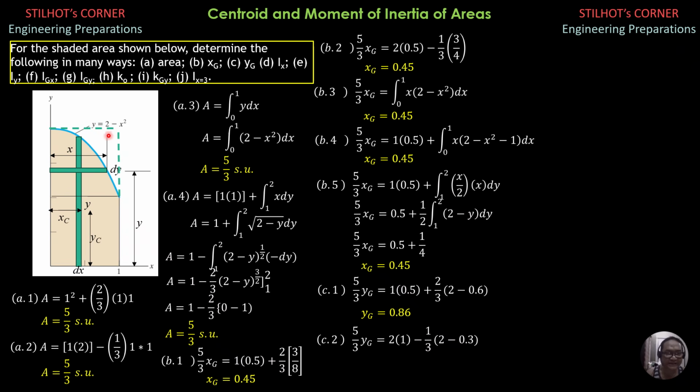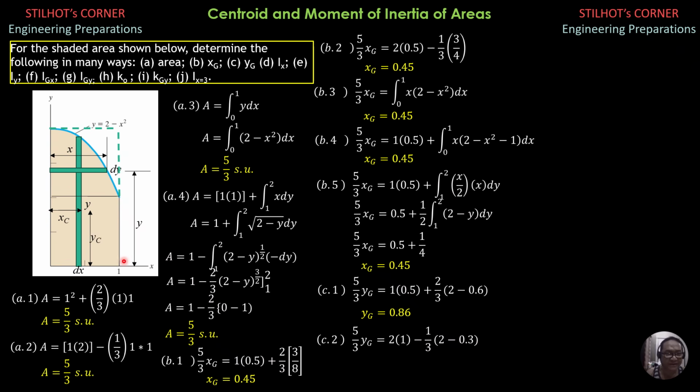So this is 3/10 of 1, so 0.3. So the distance of the centroid of the spandrel of parabola, this white region, from the bottom, from the x-axis is 2 units minus 0.3, so 1.7, or 2 minus 0.3.